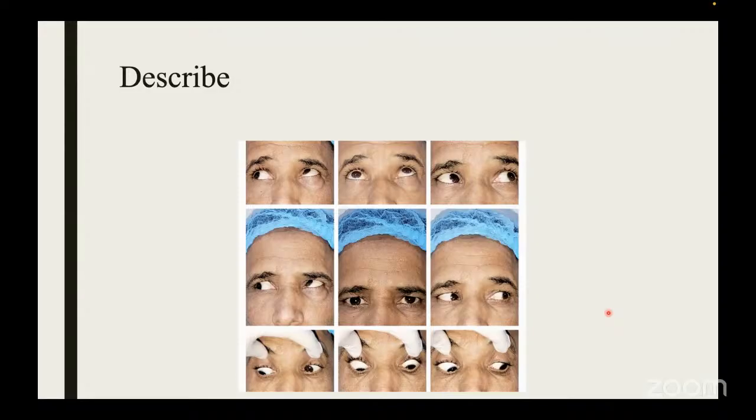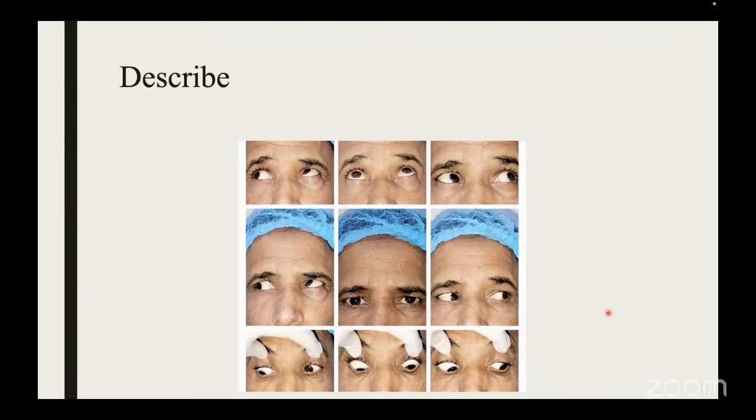Then in the elevation, still the left eye is hypertropic. And in the depression, there is limitation of the depression again on the left side. So the right eye is fine in all gazes on the right side, and also in up and down.